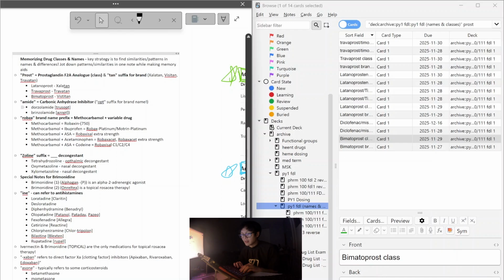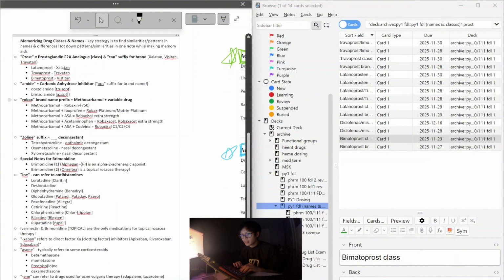If you notice, for both dorzolamide and brinzolamide, both generic names, you can see in the square brackets that the brand names are Trusopt and Azopt respectively. So there's another pattern here where opt is the suffix for the brand names of carbonic anhydrase inhibitors.